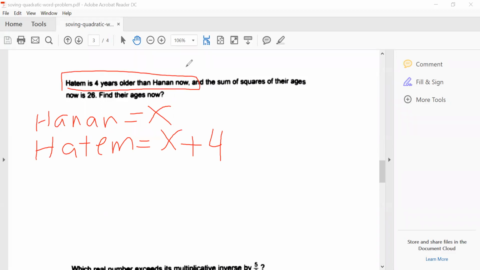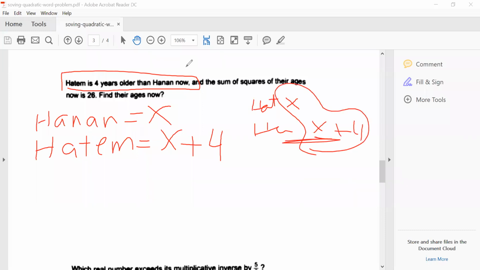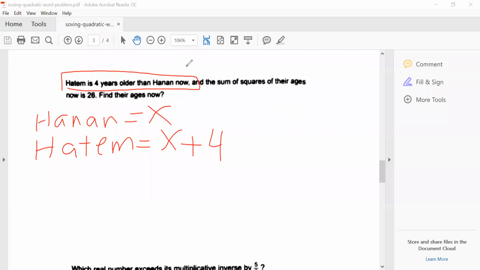I couldn't say that Hatem is X, because if you write Hatem is X and Hanan X plus 4, this translation is wrong, because it means that Hanan is older. But in my problem, Hatem is older than Hanan by 4.